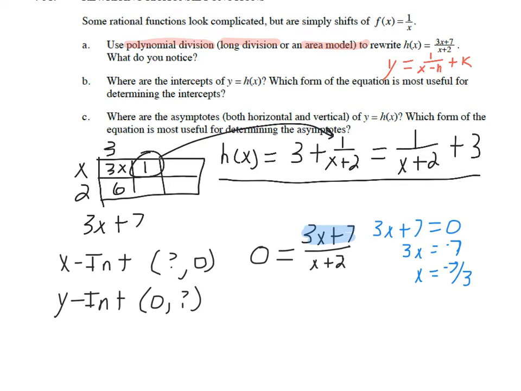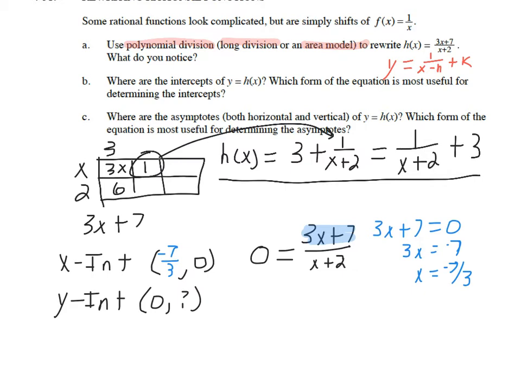So my x-intercept happens to be negative 7/3, 0. Now, for my y-intercept, that occurs when x is 0.